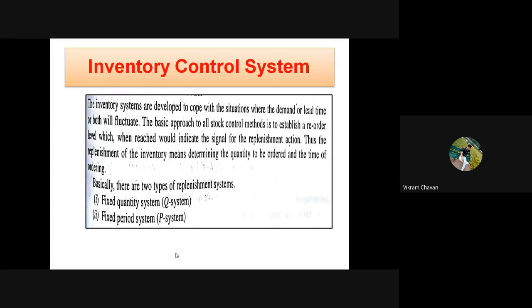When to start the production, or when to start reordering the product from the supplier. That is the more important part in an inventory control system.